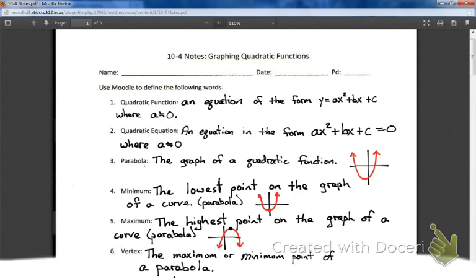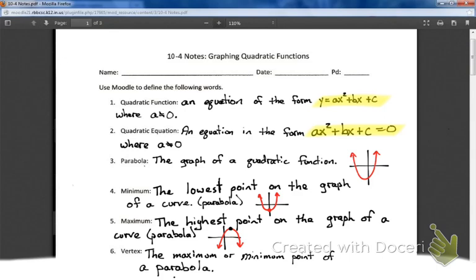Okay, now that you've got all the definitions copied down, I want you to listen to me explain some things. The quadratic function is an equation of the form y equals ax squared plus bx plus c, and a quadratic equation is the same thing, but instead of y equals, it says equals 0.